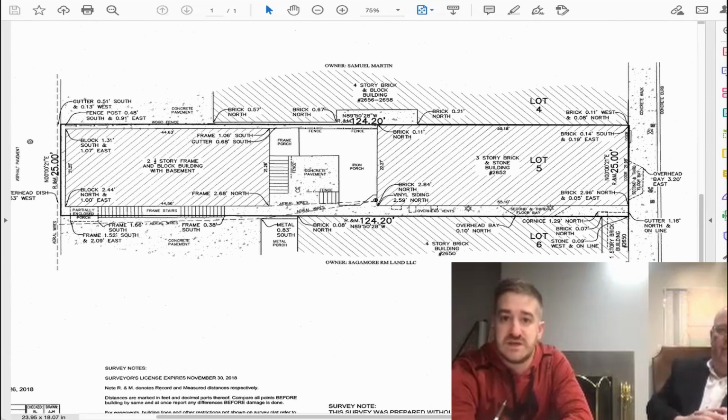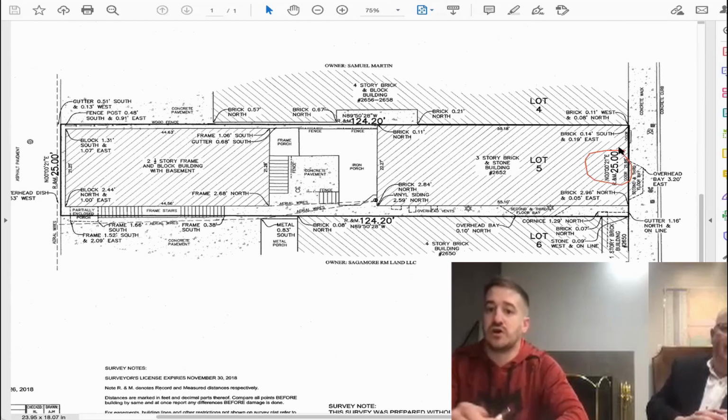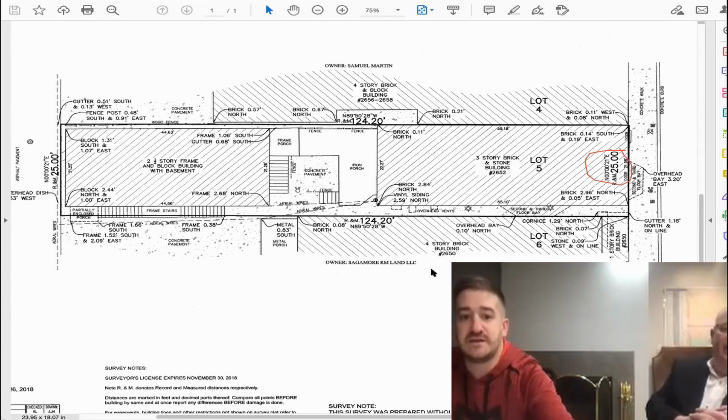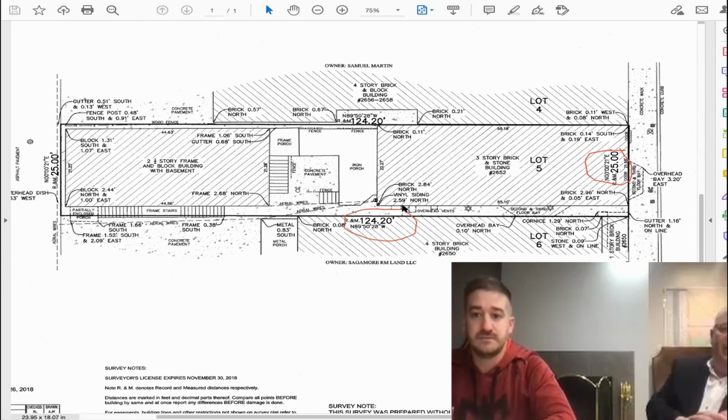So here you can see you've got 25 feet along Halsted, and then the lot goes 124 feet deep. And what a spot survey shows is it also shows all the improvements that have been put on the lot.